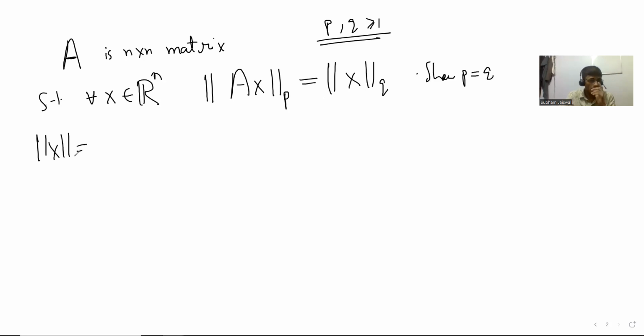So X is in Rn, and this will mean just the analog of the distance, and we just take the pth root.